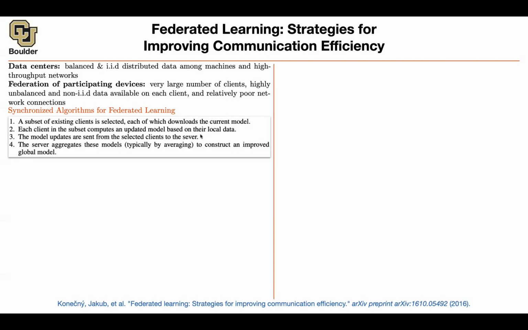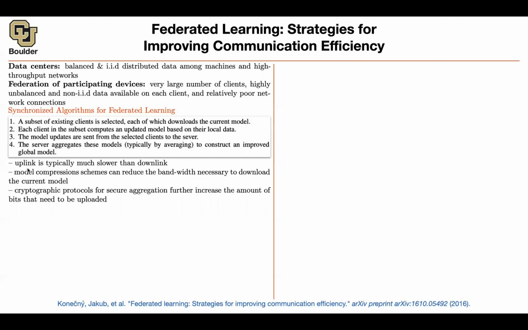If you want to use Git-type language, this is pull, update the model locally using your own data, push it to the server, and then the server is going to do its job, aggregate, which is usually averaging, to get the global model, and then you're going to repeat these steps.